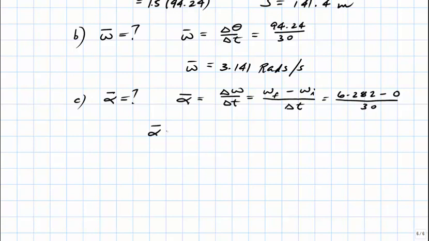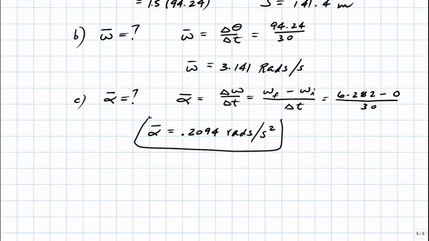If we enter these values into the calculator, the result is 0.2094. And the units for average angular acceleration are radians per second squared. And that completes this lecture.